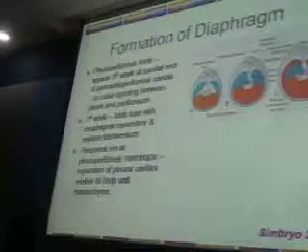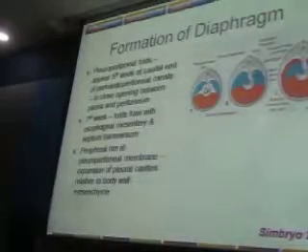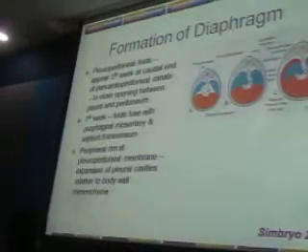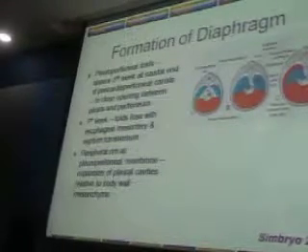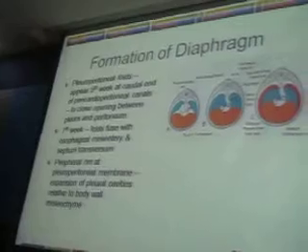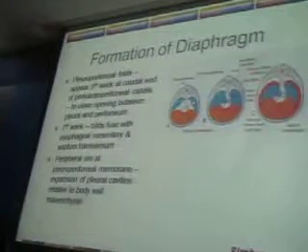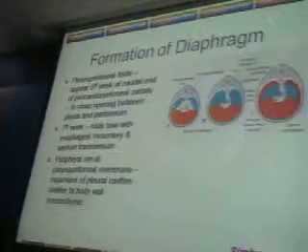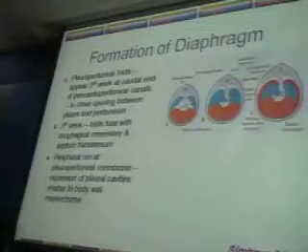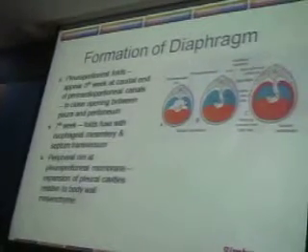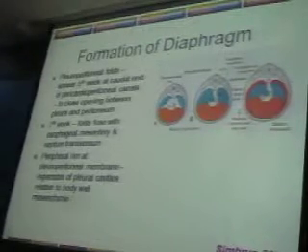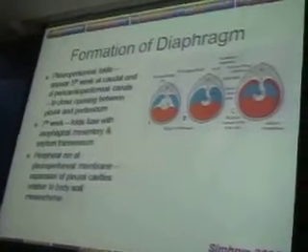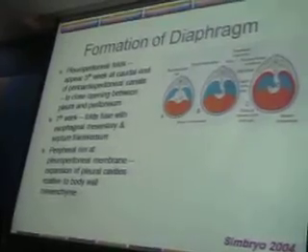So, towards the 5th week, everything happens in a week's time. Huh? So, towards the 5th week, at the caudal end of the pericardioperitoneal canal. Ito na yung canals natin. You see the blue structure? You will have the appearance of your pleuroperitoneal folds.